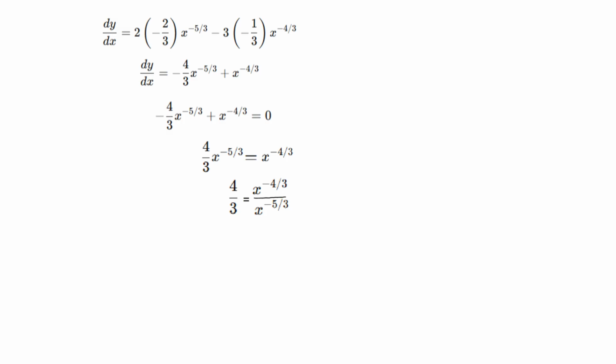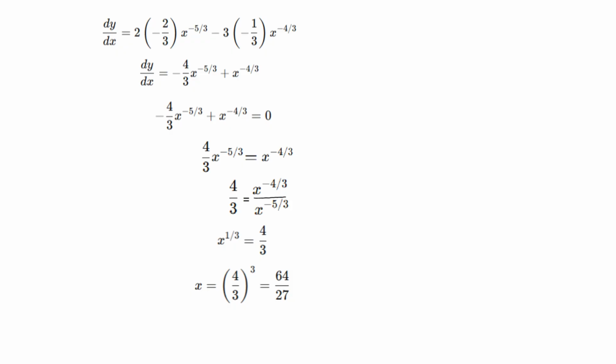Simplifying this, we get x raised to the power 1 over 3 is equal to 4 over 3. Now take cube on both the sides. So we get x equal to 4 over 3 the whole power 3, which is nothing but 64 divided by 27. This is the value of x.